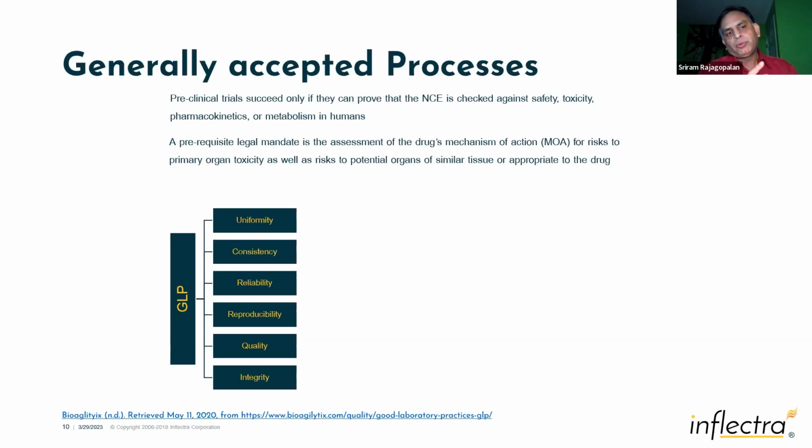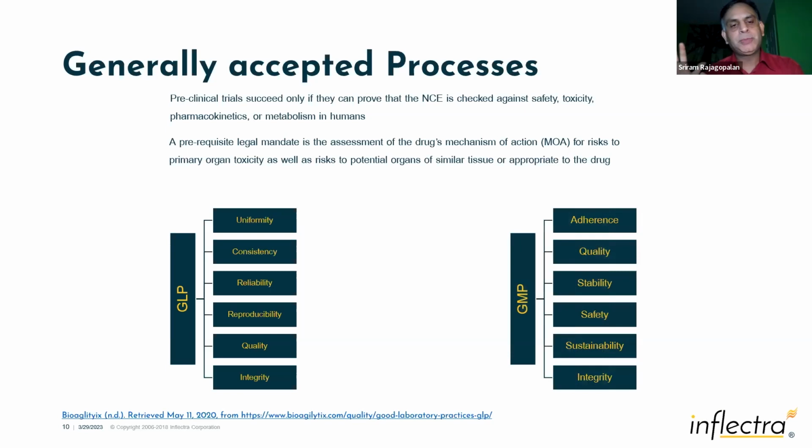For those of you from the software development mindset, these are all expected to be the non-functional requirements, not necessarily what the user asks you to do, but other things that you have to do to make sure that whatever the user is asking is not impacted. These are called the XCTs. And we have a structure for that in our software development lifecycle. Whether we do it or not is a different story, but we do have a structure for that. Those are the GLP, good lab practices.